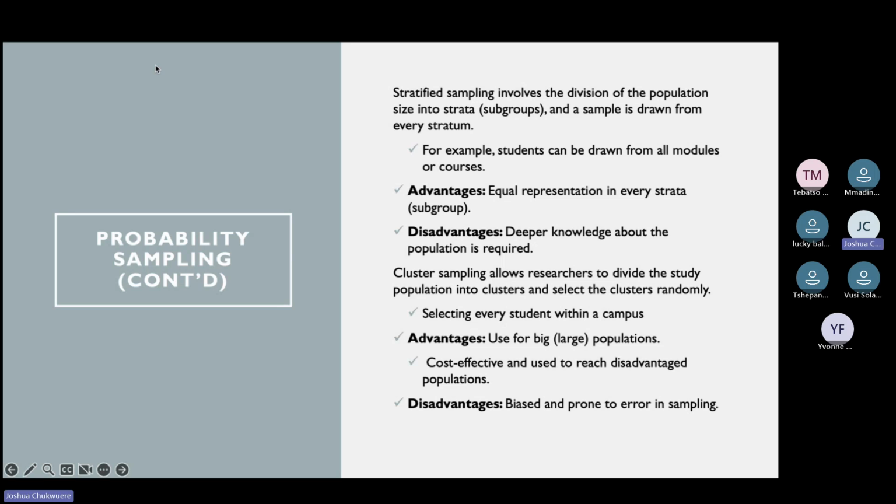But every cluster will have a chance of being represented. It also can be used when you are doing a large study. Also, it can have an element of bias, which is also prone to error in making your actual selection. That is what is within your cluster sampling.